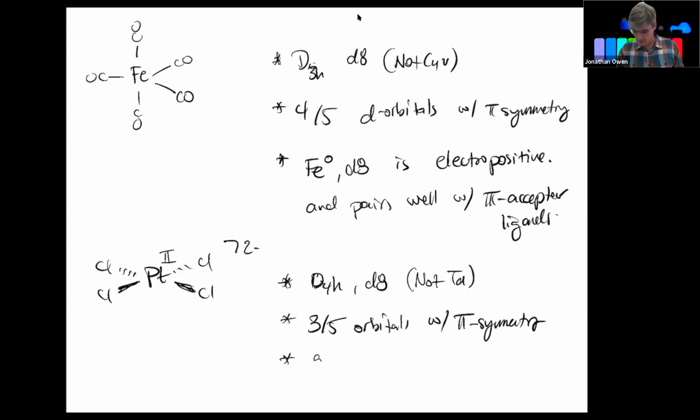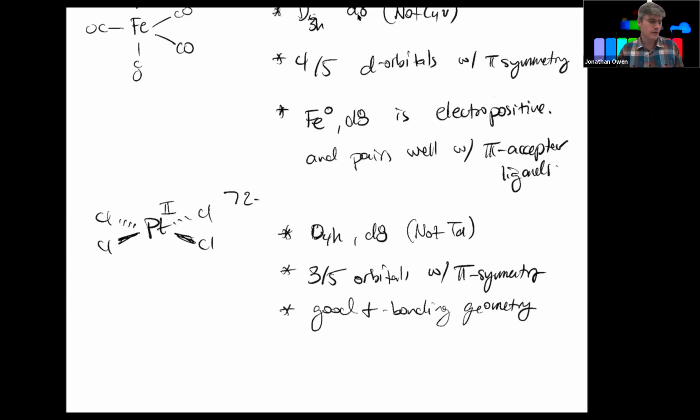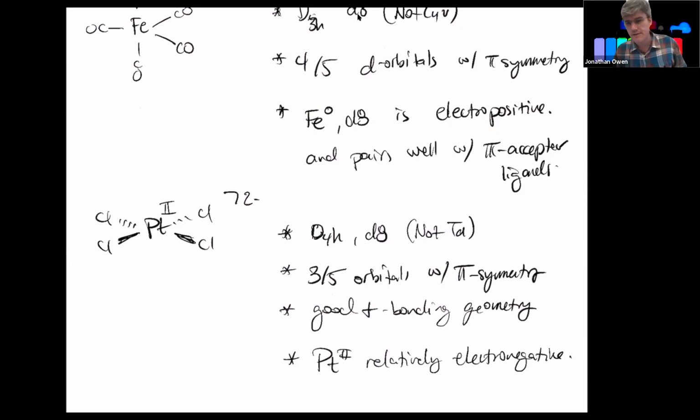This is a good sigma bonding geometry. Nice right angles pointing right at those lobes. Platinum 2 is relatively electronegative. Everybody has platinum wedding bands.